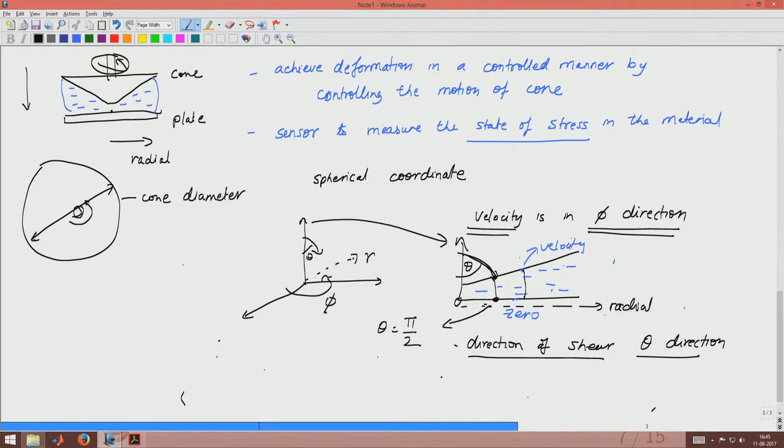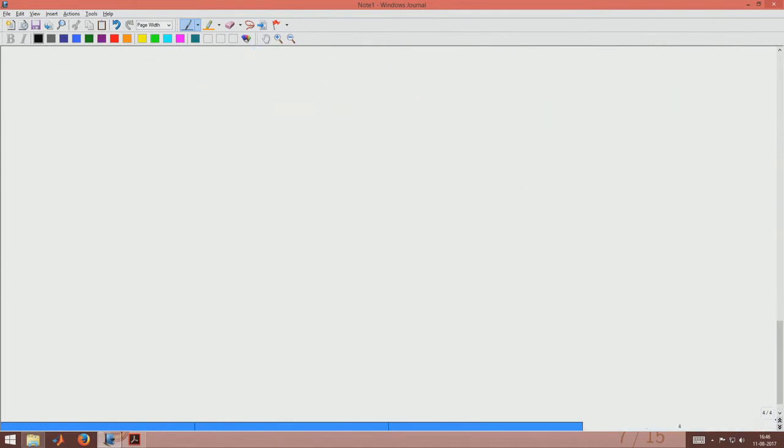Now, the question is, in this kind of scenario where we have all the r, theta, phi components, how do we describe the state of stress? We can draw this in terms of a small volumetric element, and because of our coordinate system we now describe all of these.